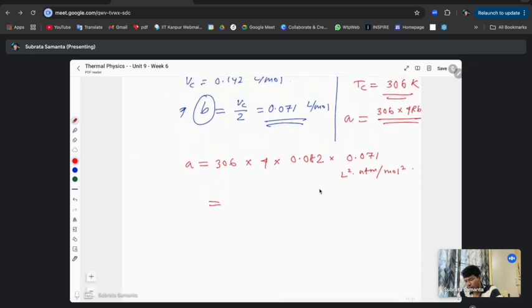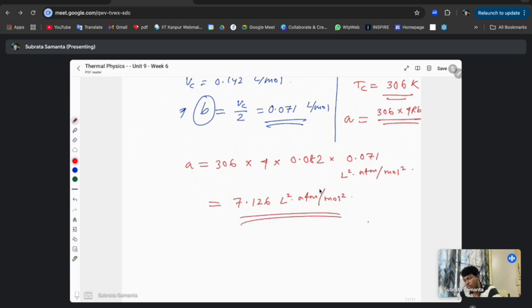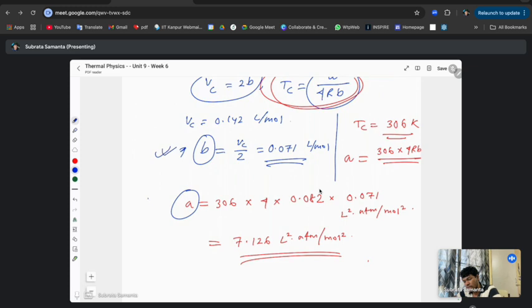Once you calculate this, this is basically 7.126 liter squared atm over mole squared. So this is the value of a, and this is the value of b.